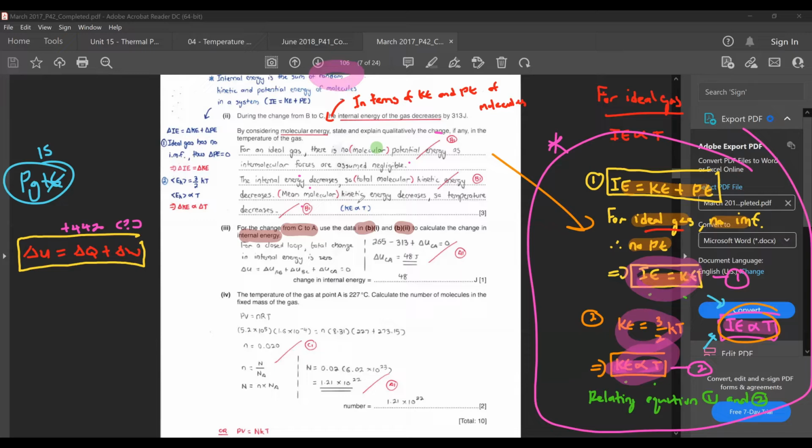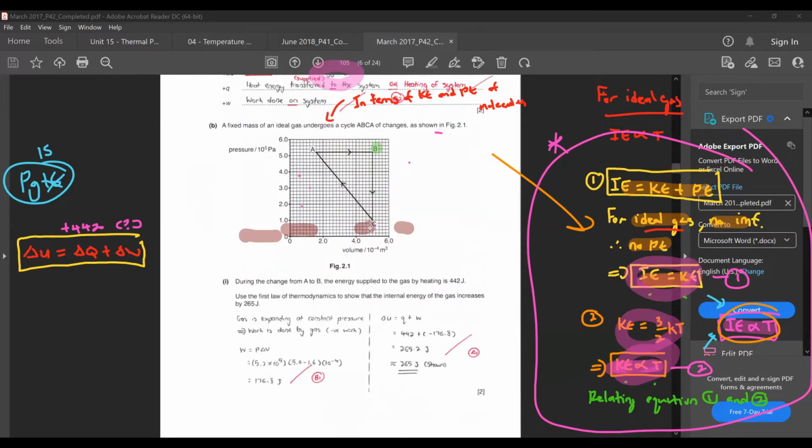If you look at the same diagram again, this little diagram here, this one is a closed cycle. You'll notice that your gas started from A, it went to B, and then it went from B to C, and then finally it went from C back to A. This is a closed cycle.